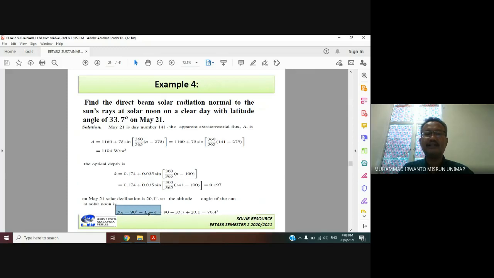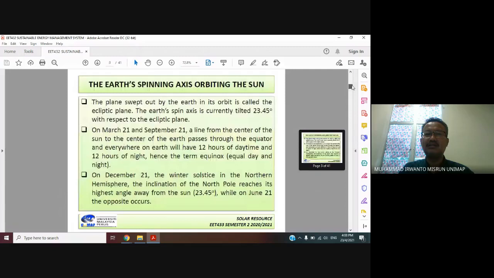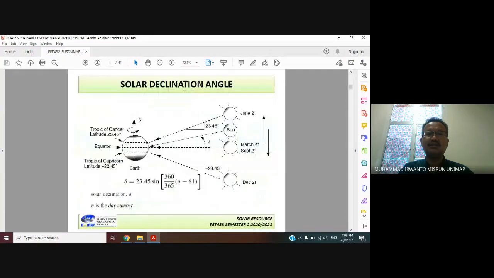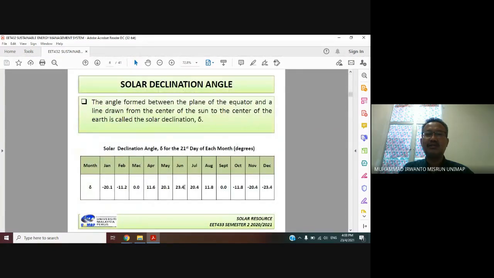L is the latitude angle, mentioned in the question as 33.7, and delta is the declination angle. For the 21st of May, following this table, the declination angle is 20.1.